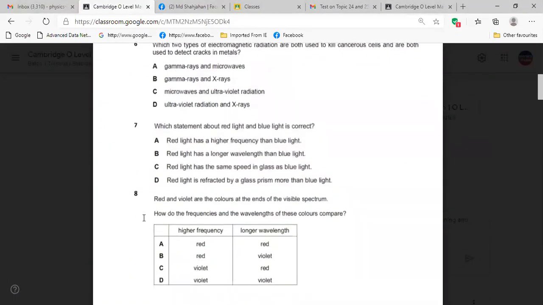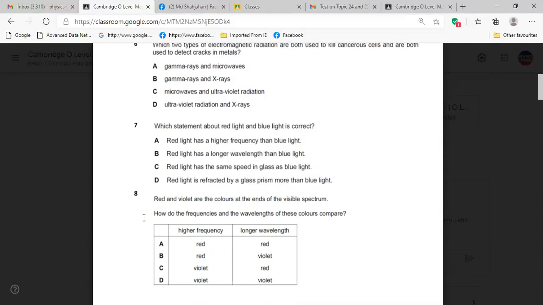Next, Rika, you read number 7. Which statement about red light and blue light is correct? Number 7, B. Yes.